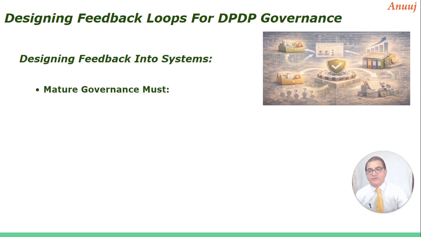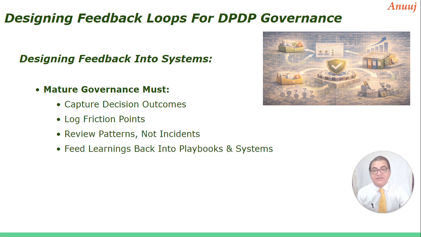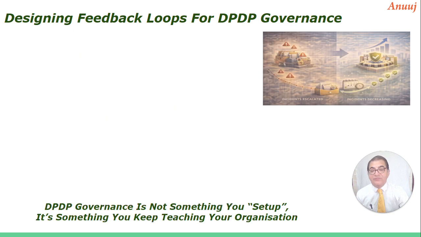Designing feedback into your system. Mature governance must capture all the outcomes of the decisions, log friction points, review patterns and not just incidents, and feed learnings back into the playbooks and systems. That is something which will help you build a very good governance system by increasing your learnings through your own mistakes.